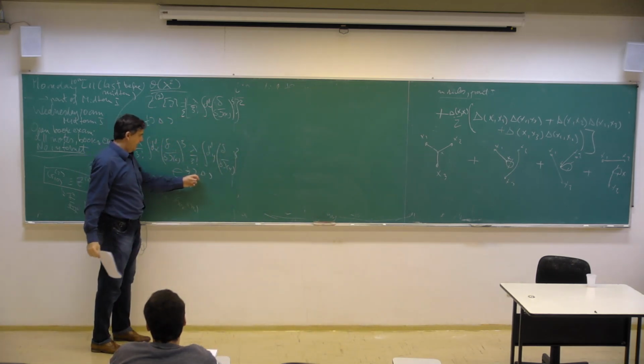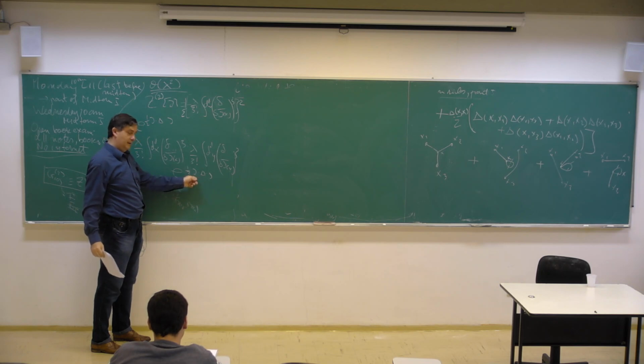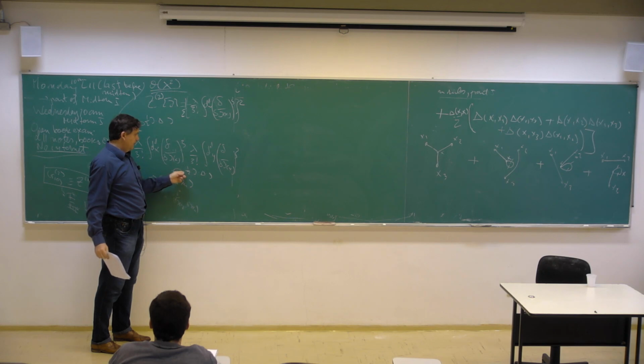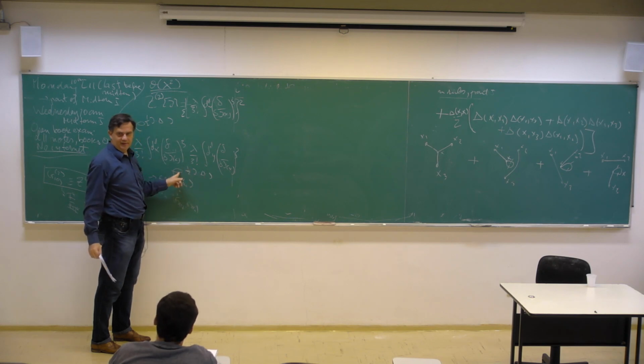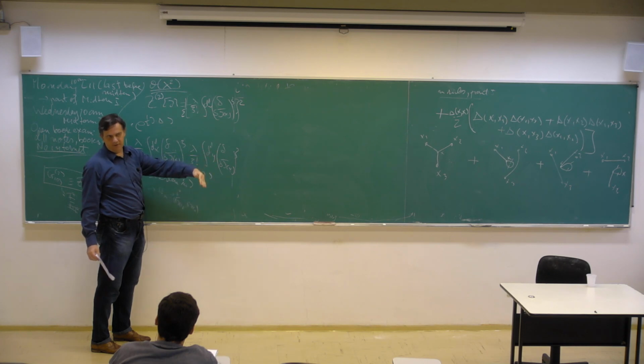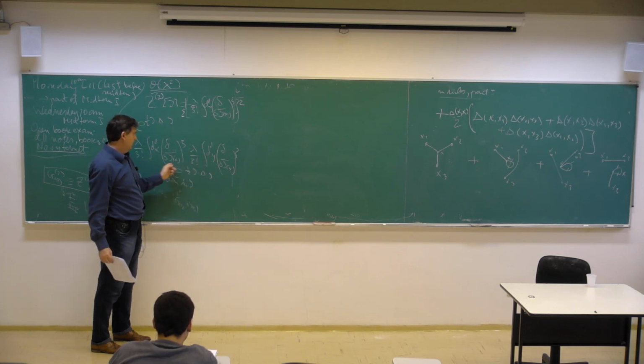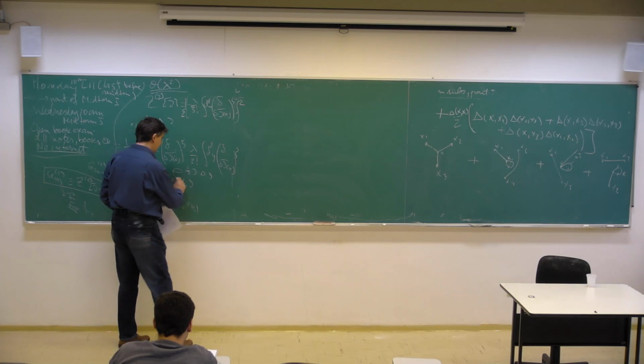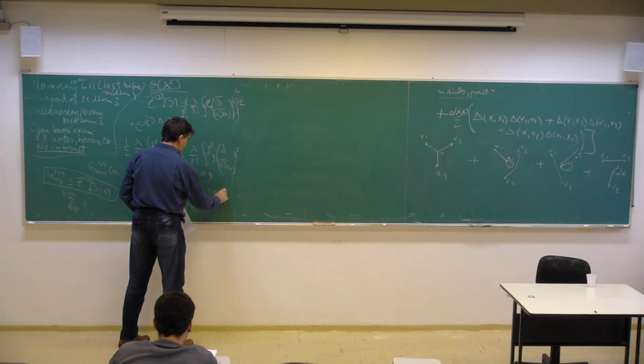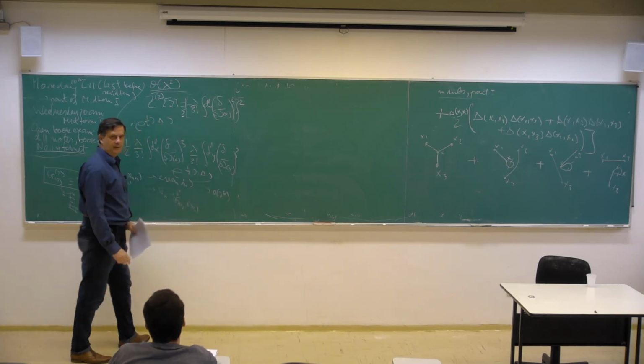So here I have all powers in j, all even powers in j, but here I have 6 derivatives. So that means I'm only interested in the term with 6 derivatives in this exponential, right? Any other term will give either 0 because of the derivatives, or I give 0 when I put j equal to 0, right? So the term I'm only interested in here is the order j to the 6th term, right?